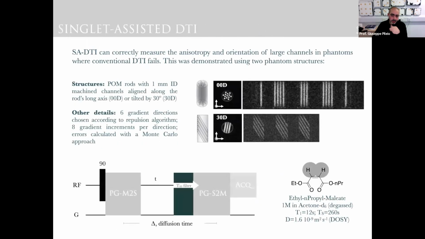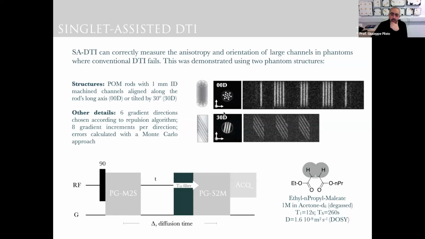So the experiment we could do using singlets, how we enhance the DTI experiment, is again the same experiment we used before, but now run along 6 different directions of space. We collect this data, and then we use standard techniques to process it and retrieve the diffusion tensor, diagonalize it, and so on, all the things I showed. For the sample, of course, you have the singlet container, which is the molecule down here in this corner.